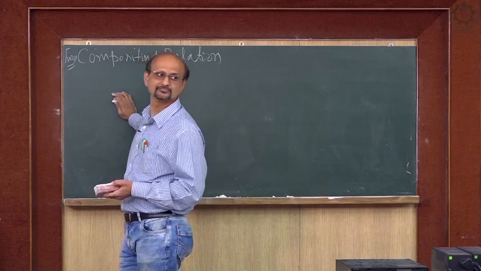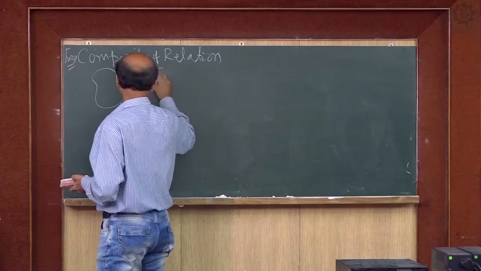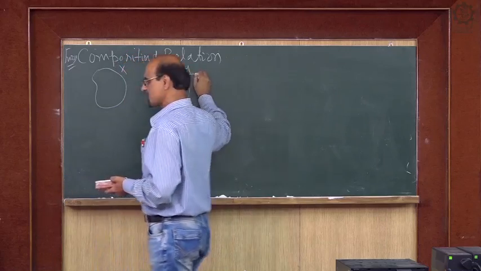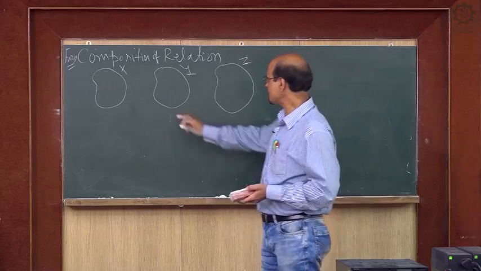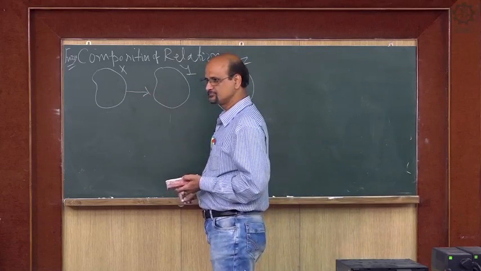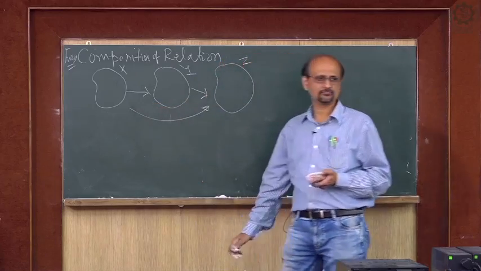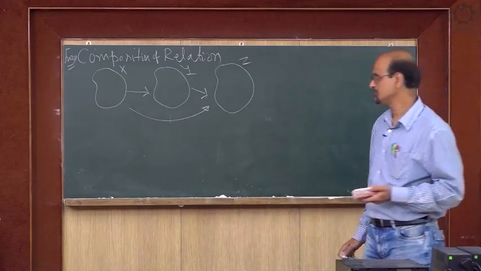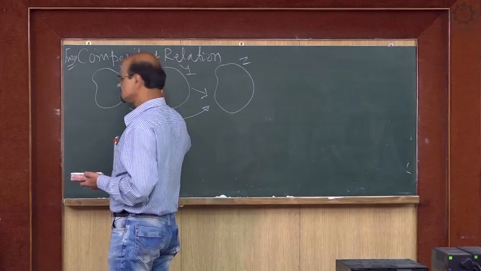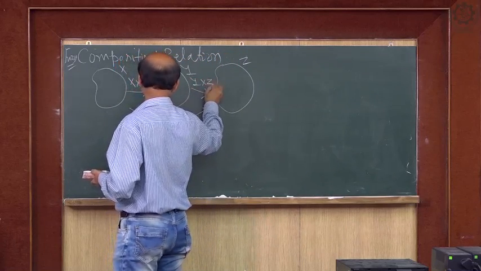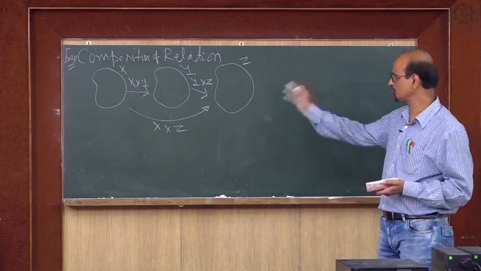Suppose I have a product space X, product space Y, and product space Z. I have a relation from X to Y, and Y to Z, then what is X to Z? This is your X cross Y, and this is your Y cross Z, so X cross Z, that we have to find.